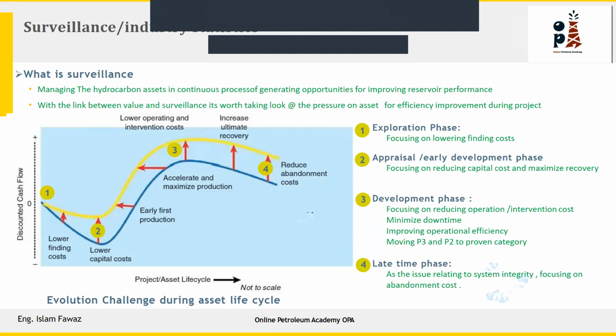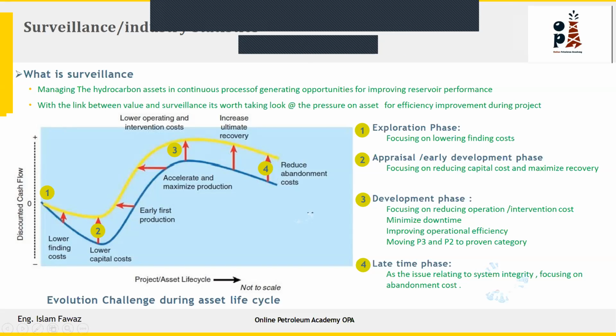Moving forward, as we start to develop the reservoir, we focus on reducing operating costs, reducing the running in the hole, maximizing the production, improving the operational efficiency, reducing the downtime, and moving the probable and possible reserves to the proven category. At the end of the life cycle of the reservoir, our issue is system integrity.